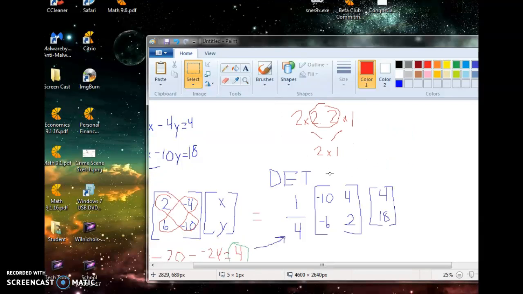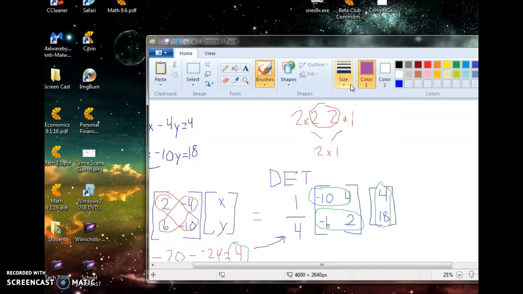Okay, so we're going to do this first group. The first group is going to be negative 10 and 4 times the 4 and 18. And then negative 6 and 2 times the 4 and 18. So I'm going to make this a little thicker.